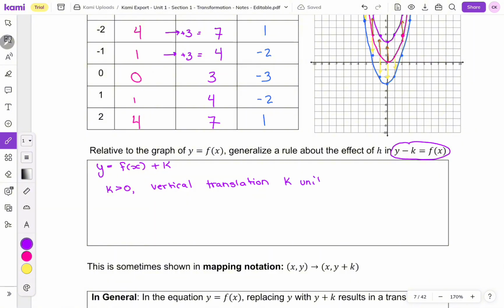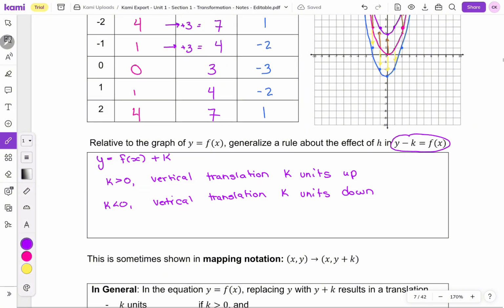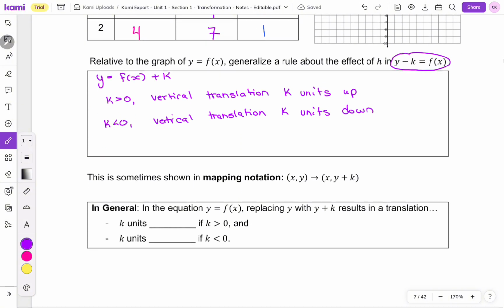K units up. And if k is less than 0, we have a vertical translation k units down. So in our mapping notation, that's just showing you the math that you need to do.